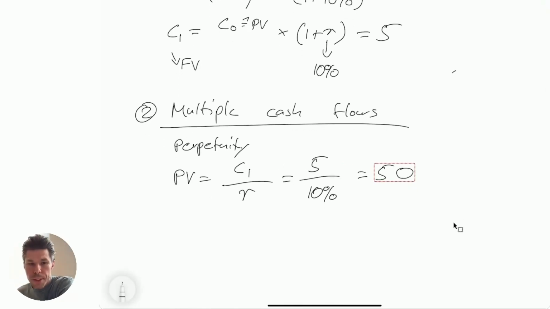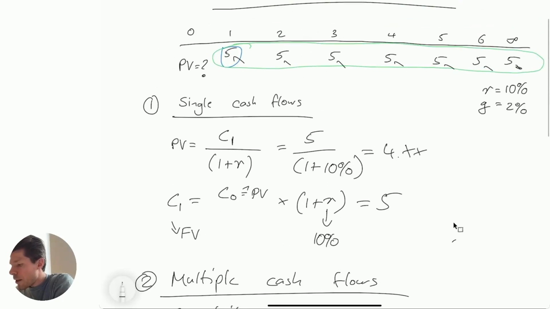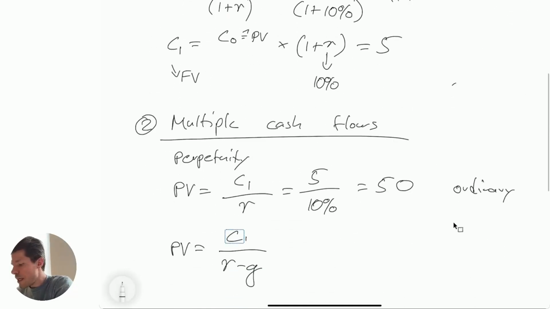This is called ordinary perpetuity, and then we have another one which is called growing perpetuity, which is exactly the same. The only difference here is that we assume it's not a flat 5. Your cash flow here is growing at a constant rate, for example 2%.